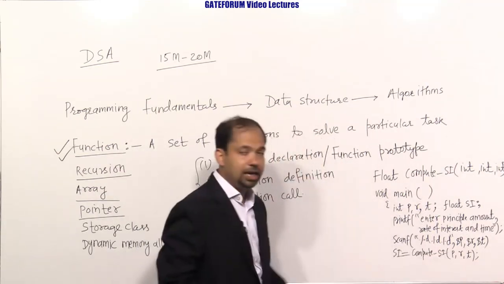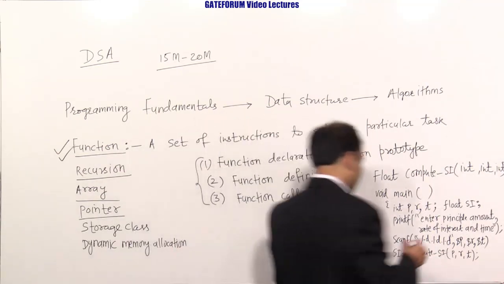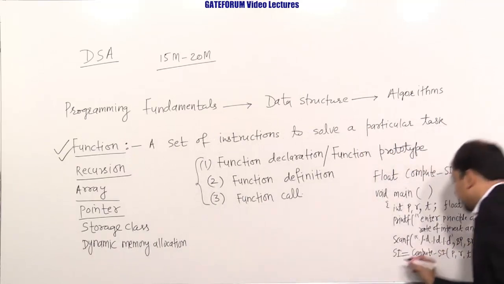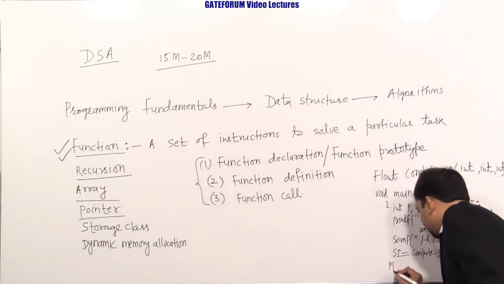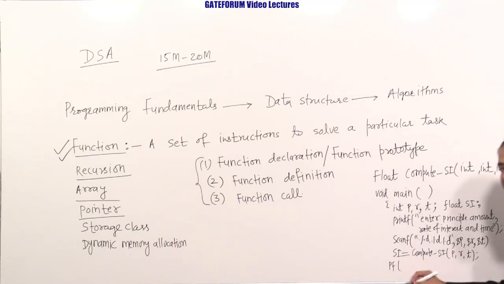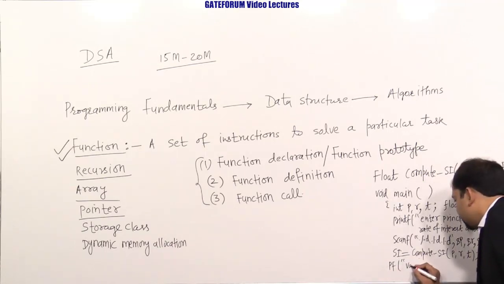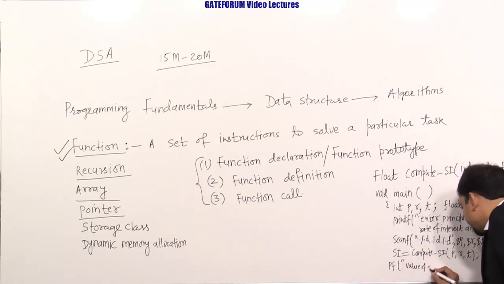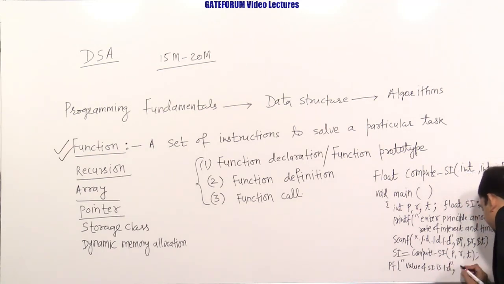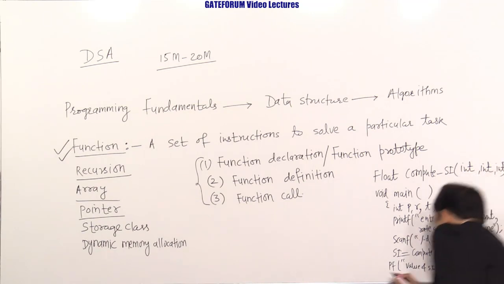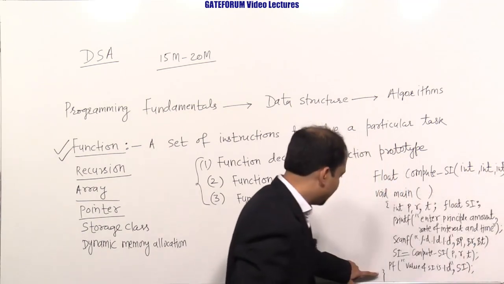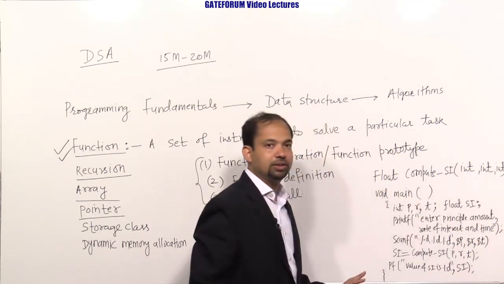Then you just have to display the message: printf, the value of simple interest is %d, and si. This leads to the end of the main function.